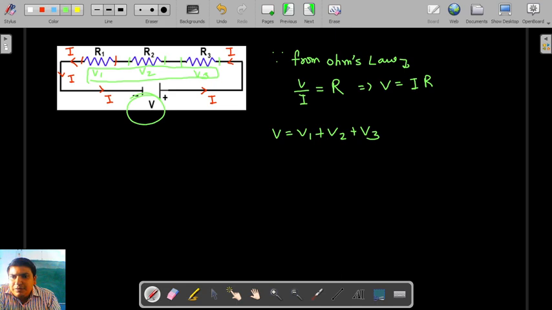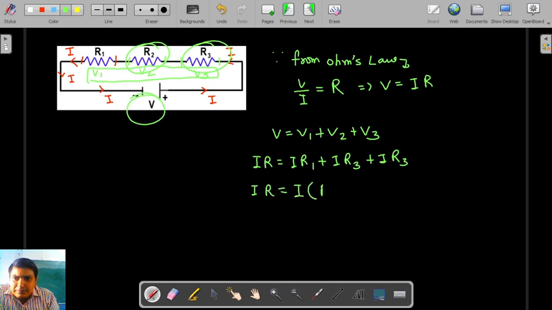If V equals V1 plus V2 plus V3, then V can be replaced by IR. Similarly, V1 can be replaced by IR1, V2 by IR2, and V3 by IR3. Here we can see that current is common, so we can take the current common, giving R1 plus R2 plus R3.